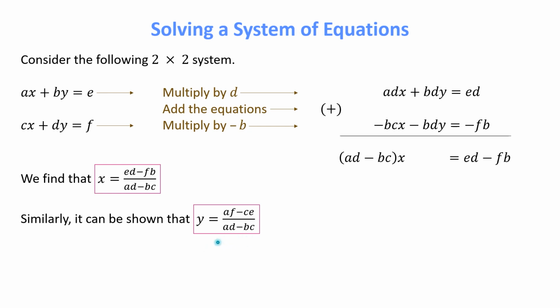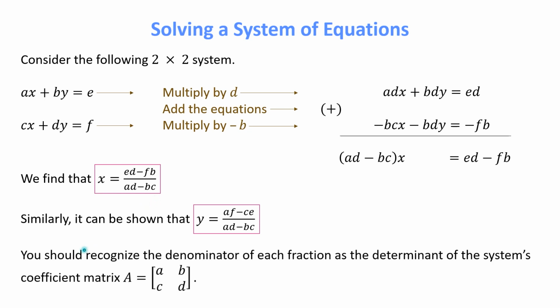Let's consider the denominator in this fraction and in this fraction. The denominators are the same: it's ad minus bc in the x solution and the y solution. Now, if we consider the coefficient matrix of this system, a, b, c, d, a 2x2 matrix, we see that ad minus bc is actually the determinant of the coefficient matrix.